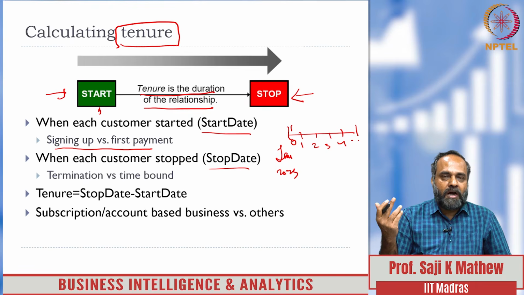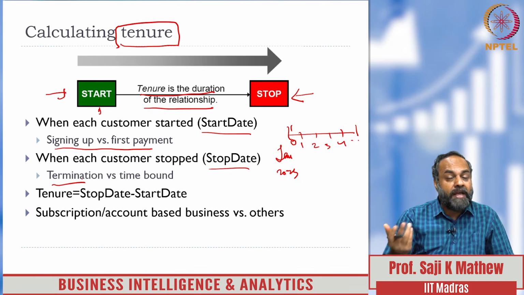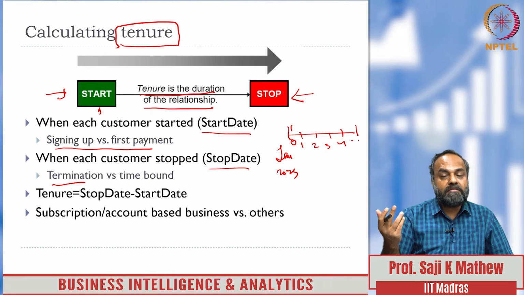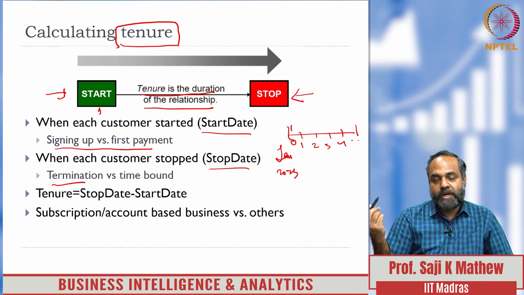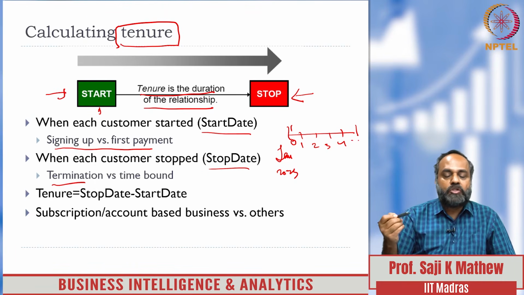the customer defaulted in terms of payments or violation of some rules or whatever, then you can terminate the customer, you can fire a customer. Should a fired customer be considered for tenure analysis or churn analysis? Generally not. So you may have to filter out those cases.